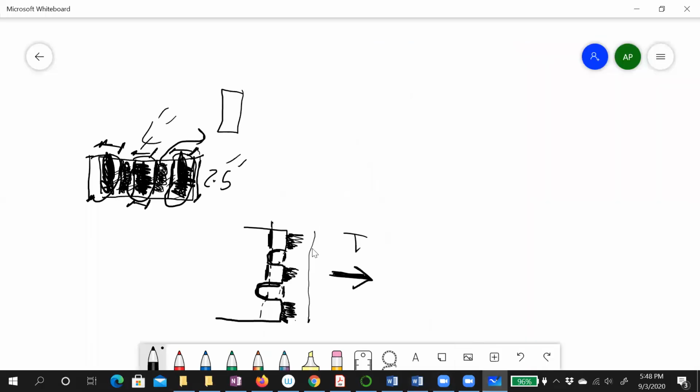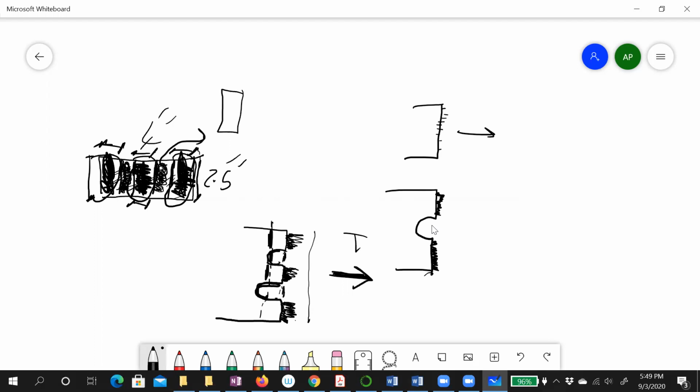I know it's difficult to imagine at the beginning, but maybe this figure is always good. If you don't have a hole, it's just the full thickness. If you have a hole, just draw this one at the middle of the circle, and then we need this dimension for the area.